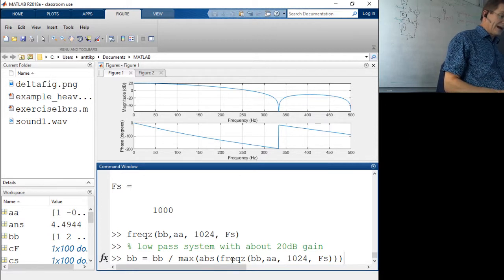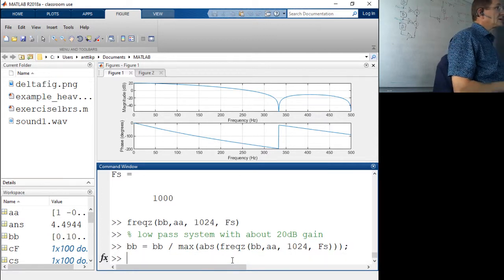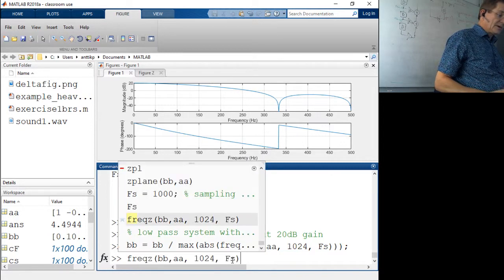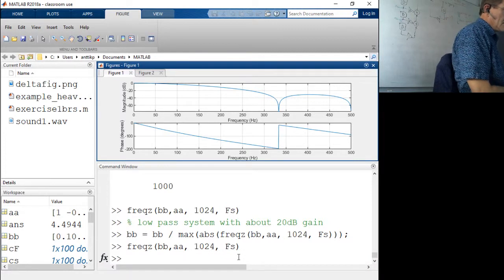We get rescaled system coefficients. Only numerator coefficients need to be rescaled. And when we do the frequency response again, now we have 0 dB gain maximum, and it's a little bit easier to read. So actually it's minus 30 dB on the stop band attenuation, the stop band starts at 300 hertz, and around 70 or 80 we have 3 dB point.